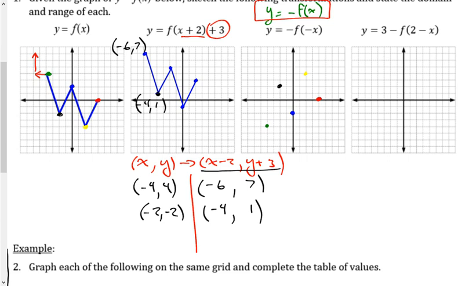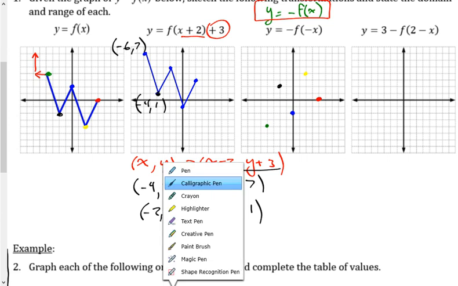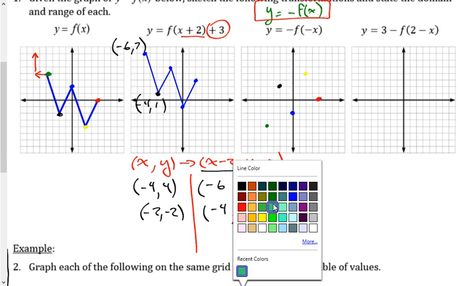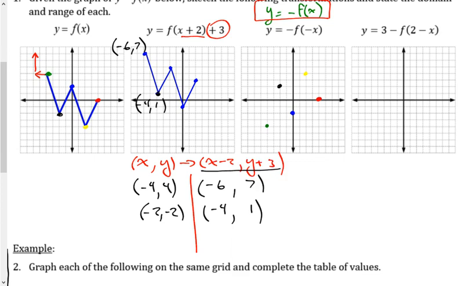So this would be the transition where I've only changed the y values. So when I come to drawing my graph, I would connect these points. And again, this isn't the final graph I'm looking for. This is just y equals negative f of x.